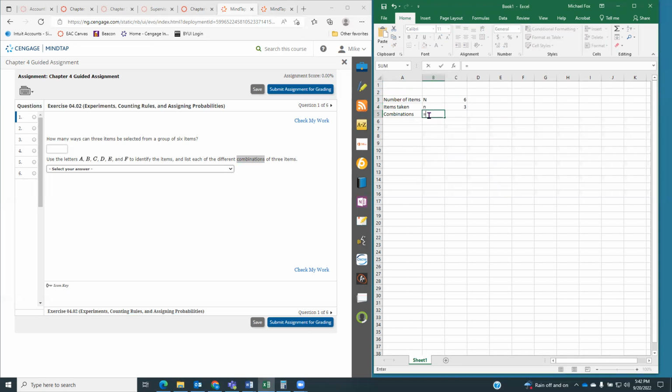So the number of combinations will be FACT, the factorial of big N, which is 6, divided by little n factorial, times the factorial of big N minus little n.